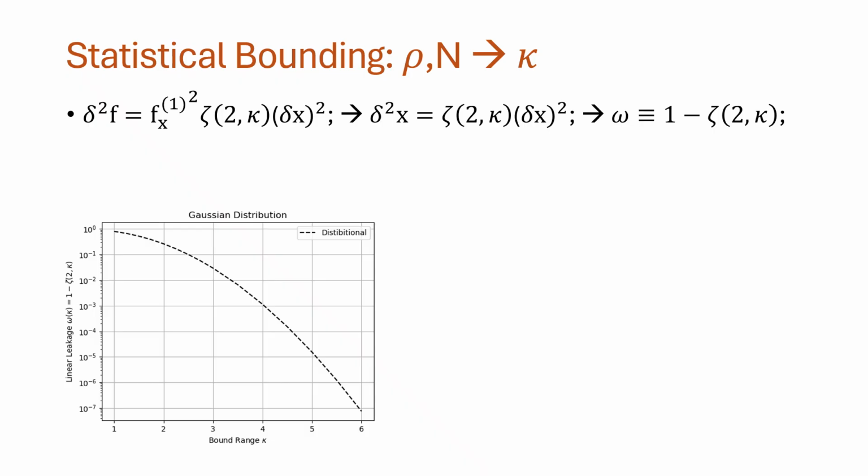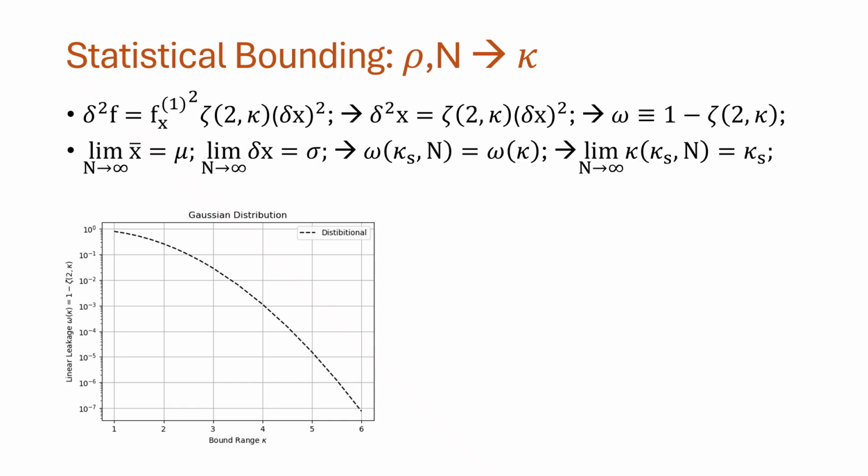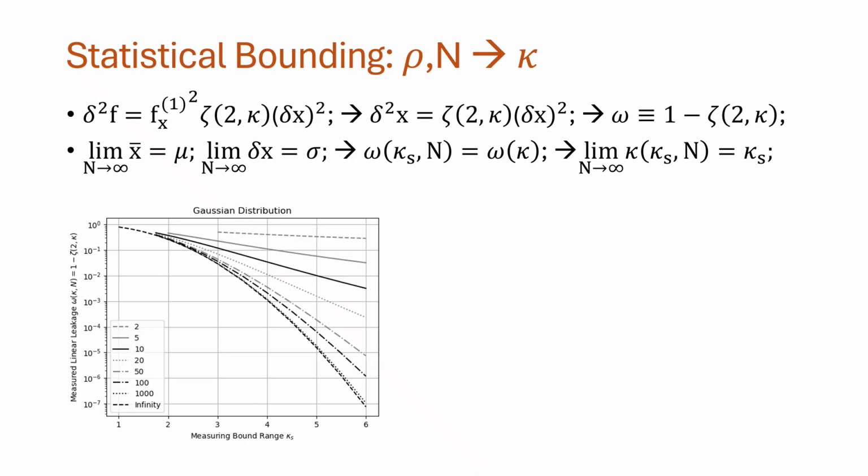In reality, we do not know the distribution mean and the distribution deviation. We only know the sample mean and sample deviation. As we know, when the sample size approaches infinity, the sample mean approaches the distribution mean and the sample deviation approaches the distribution deviation. And if we use the sample mean and sample deviation to calculate the bounding leakage, here is the relation.